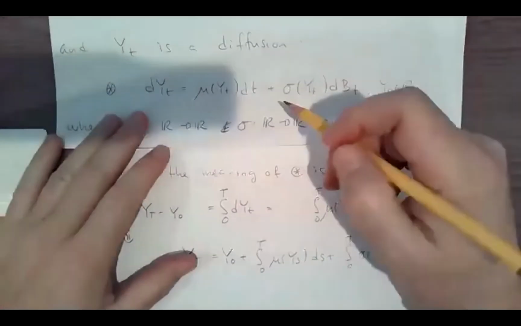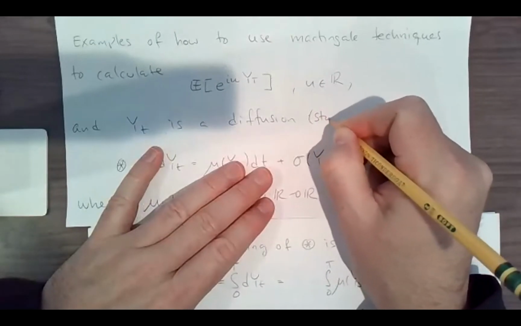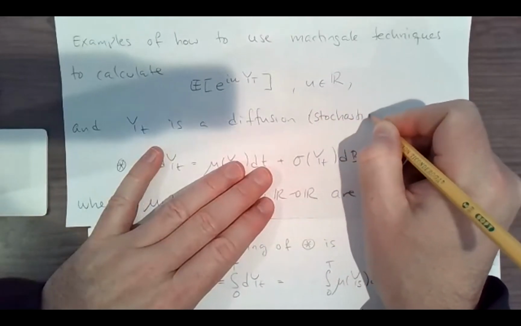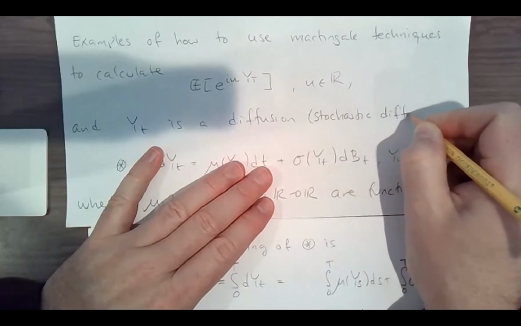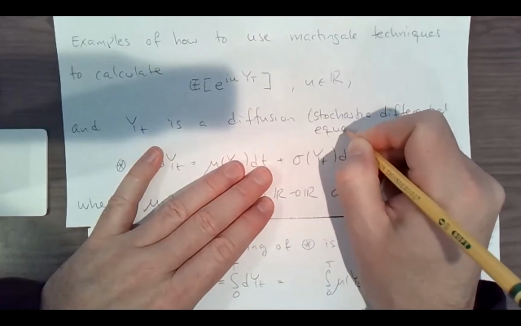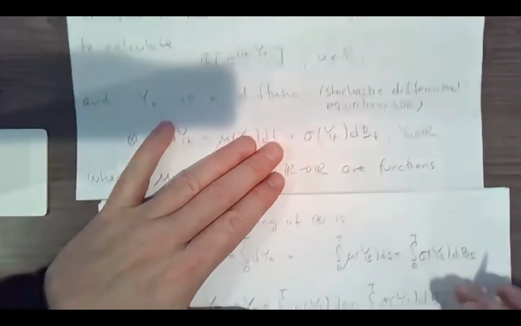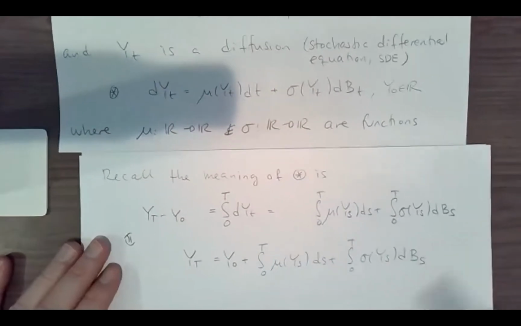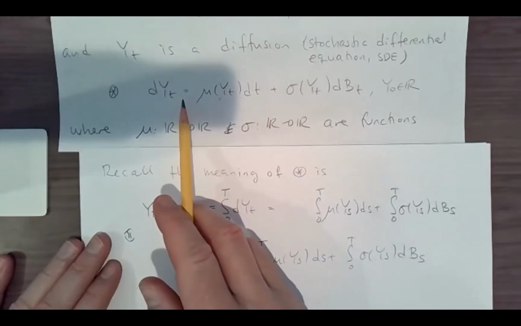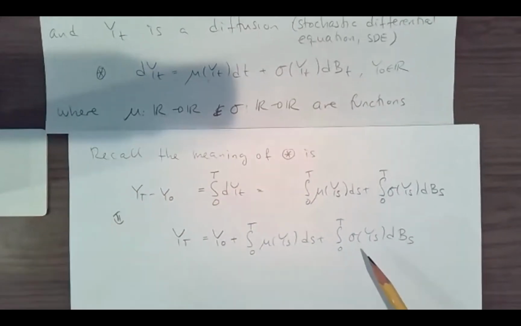So this Y_t is a diffusion. Some people also call it a stochastic differential equation, or SDE. But the meaning behind what we're seeing here is really this integral form.